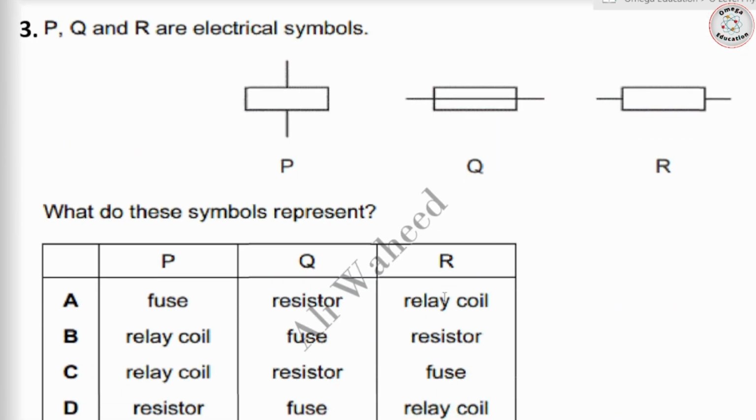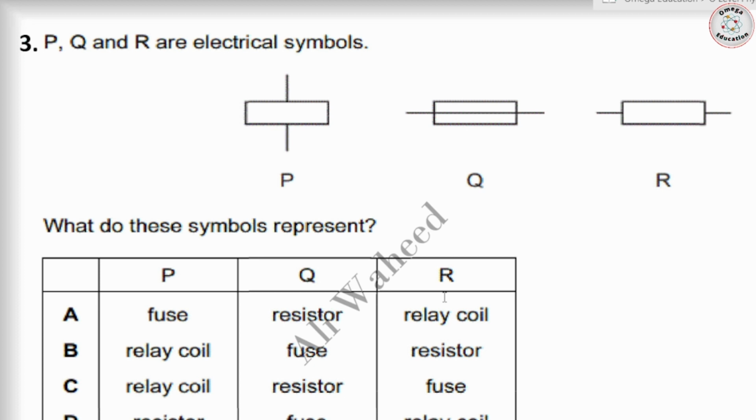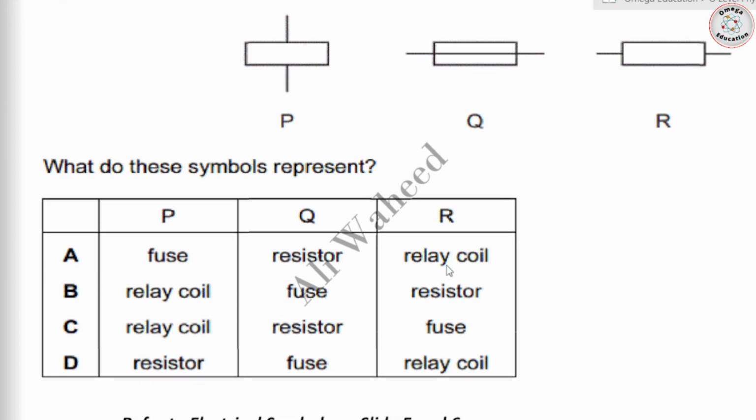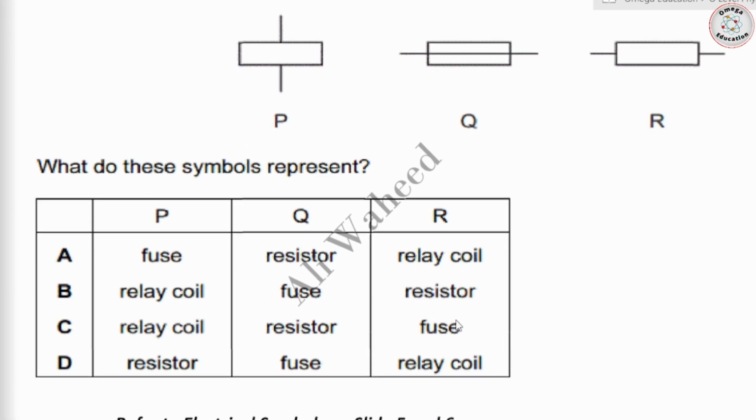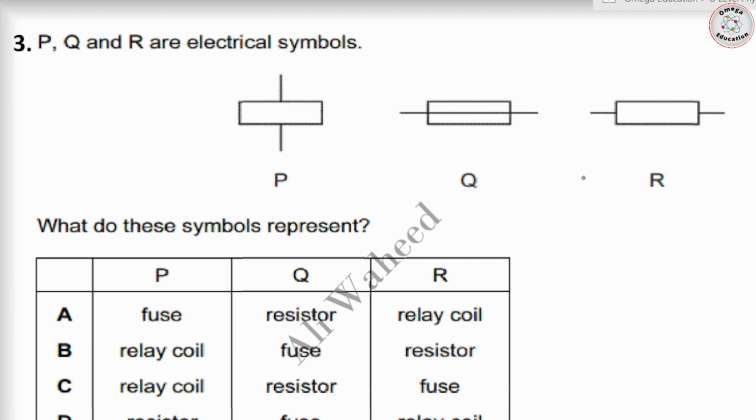All right, here we have the next one. P, Q and R are electric symbols. What do these symbols represent? Now these symbols should be done the smart way. Let's say you have not memorized or somehow fail to recall all of these symbols, but you should be doing it in a smart way. For example, this one we are pretty sure at this stage is a symbol that represents resistance.